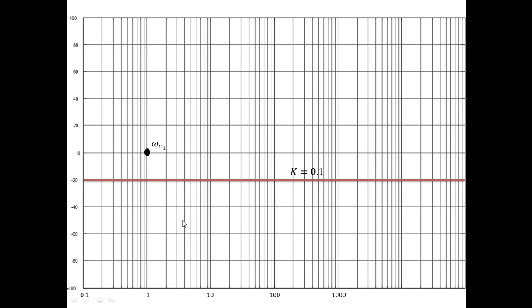For the second one, I have the corner frequency at 1. Before this corner frequency, the amplitude is 0. After this corner frequency, I have a straight line with a slope of minus 20. If you see here, from the frequency 1 to 10, the magnitude changes by minus 20, so the straight line has a slope of minus 20.